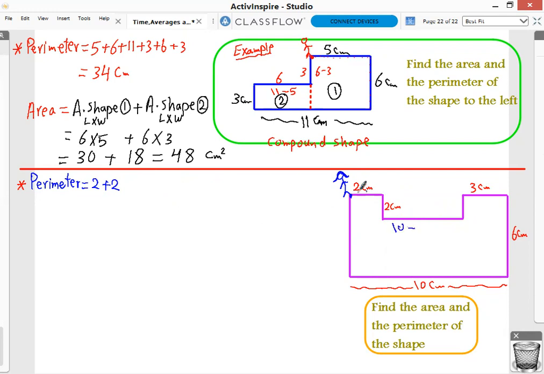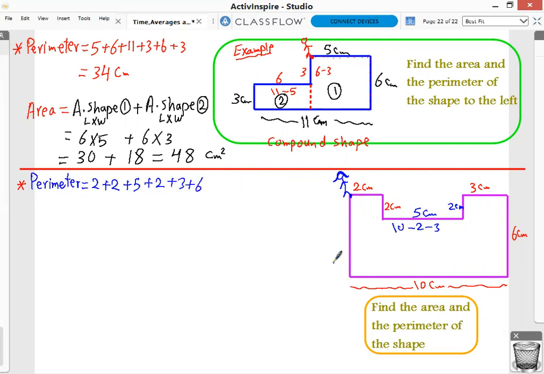10 minus 2 minus 3, then it will be what? 5 centimeters, mashallah, smart. Then it will be plus what? 5. Complete, Sam, yes, complete your trip. Then 5 plus what is this? 2, very good, Sam. Plus 2, plus 3.